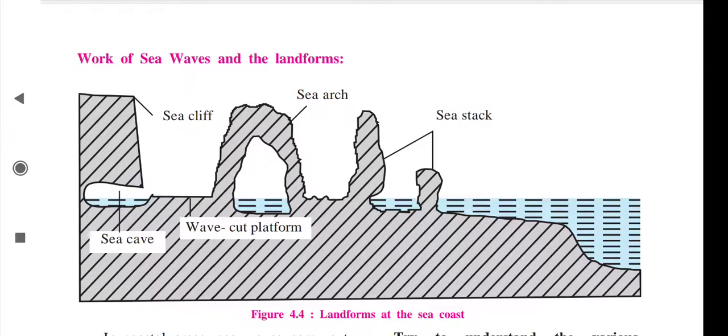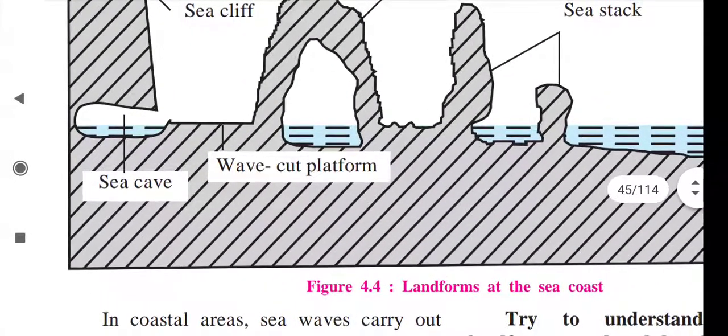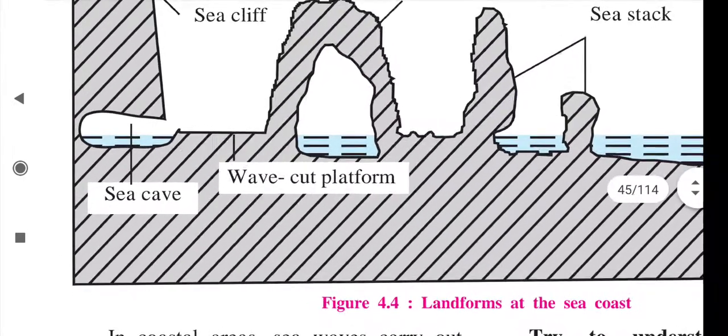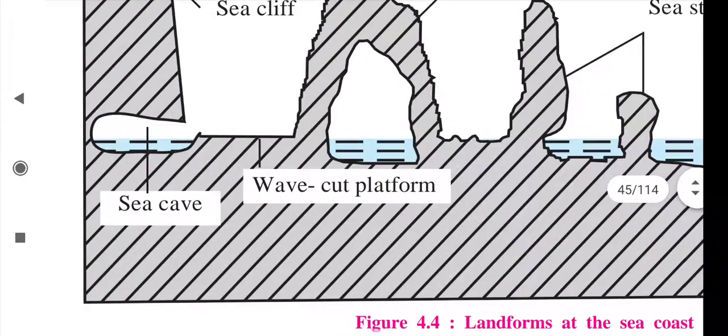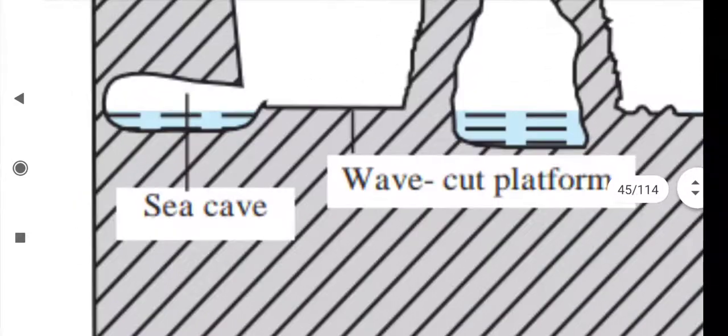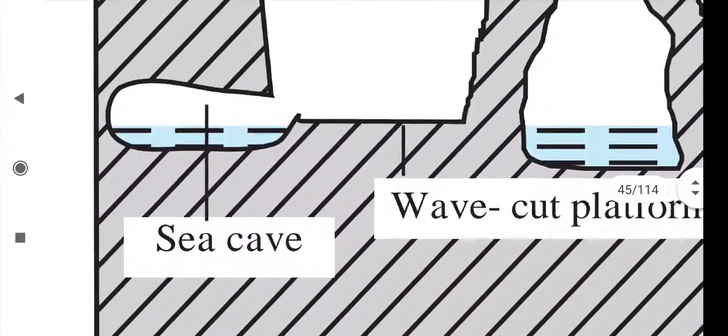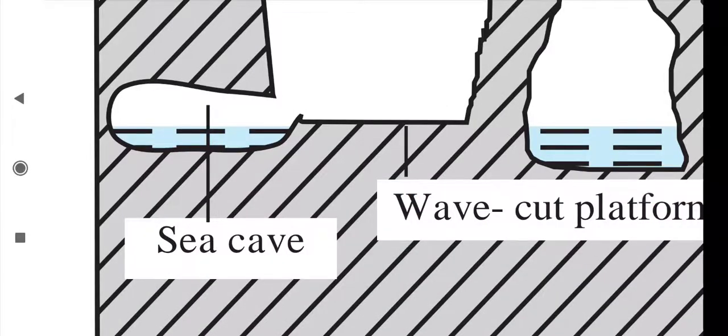So such type of landforms are prepared. So here sea cave, first we will see the wave continuously attacking this portion, because here is the soft rock, and by the continuous attack the rock is worn away with the water, and like that sea caves are formed.